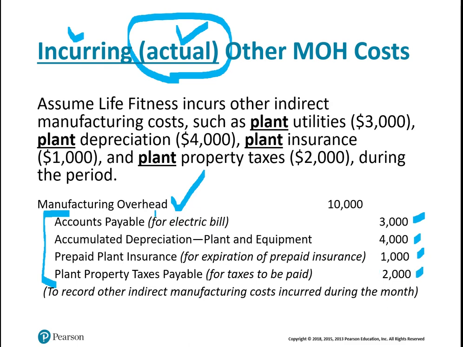Okay, so we're accumulating all of these actual costs, and later on we'll allocate the costs to the jobs. Okay, so these are the manufacturing overhead costs, and again, recognize this time it doesn't say factory, but it says plant, and we know that that means manufacturing overhead.